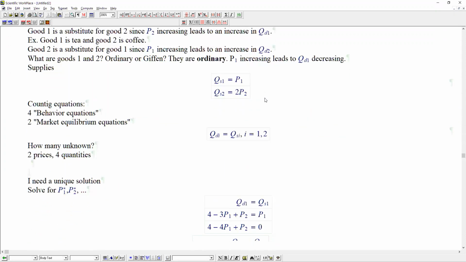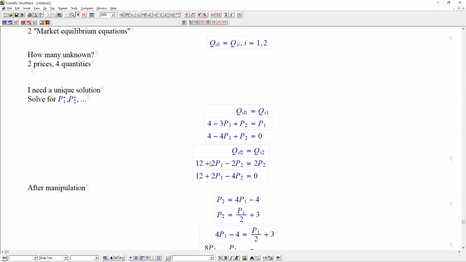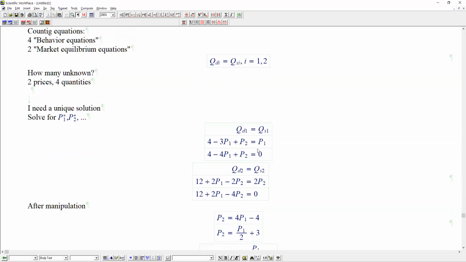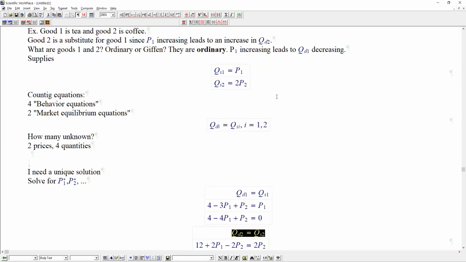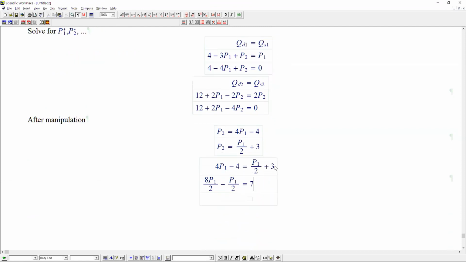Did I make a mistake somewhere? Oh, because 12p1 did equal QS2. So that's minus 4. So 12 plus, yes, it's fine. Then this is 8 half minus 1, so it's 7/2. So I can divide by 7, multiply by 2, and I get one solution for P1.